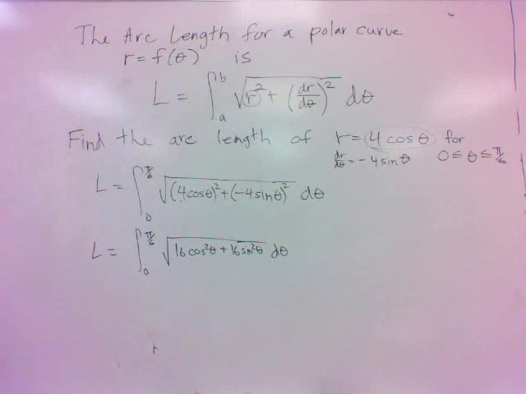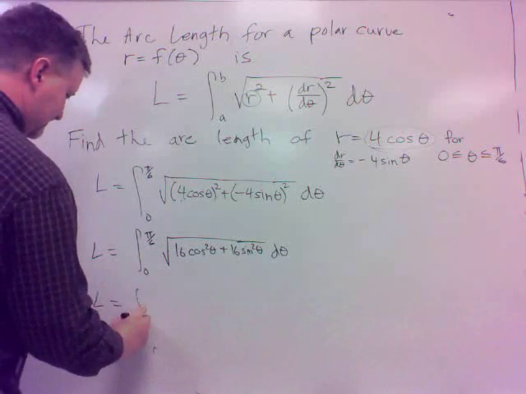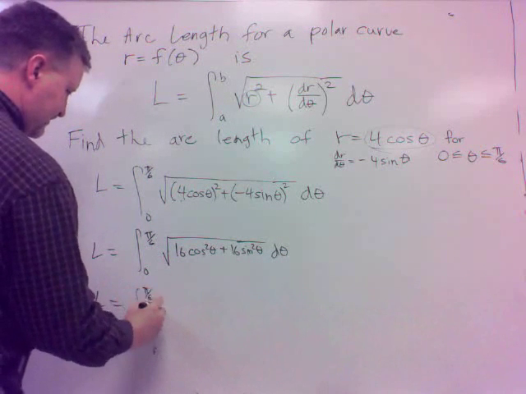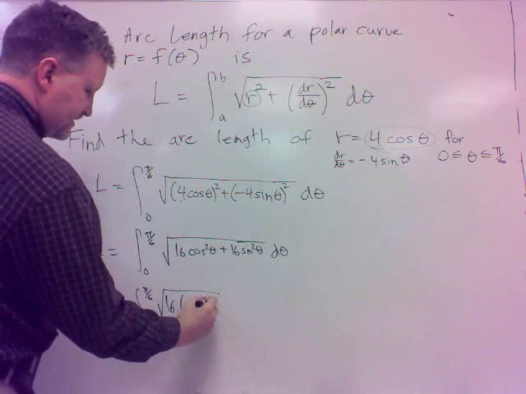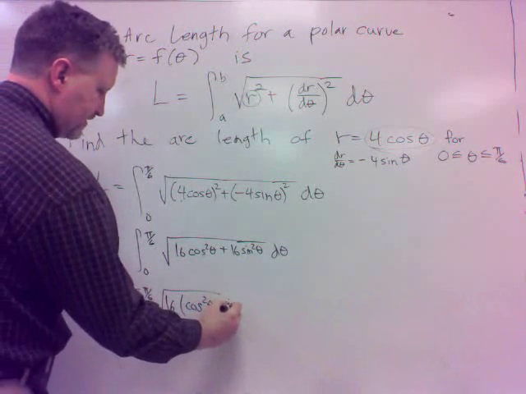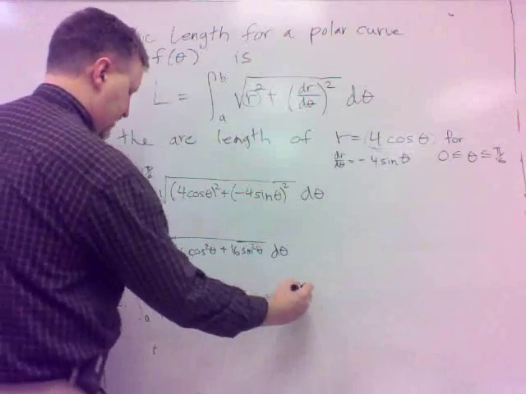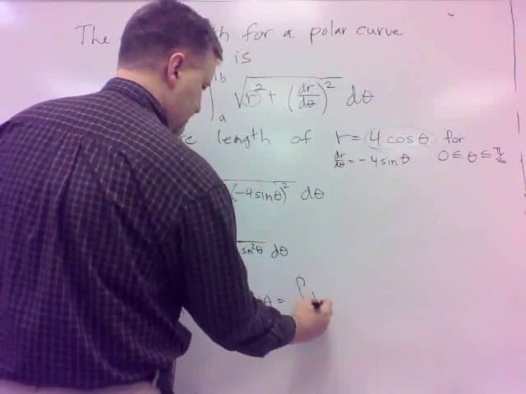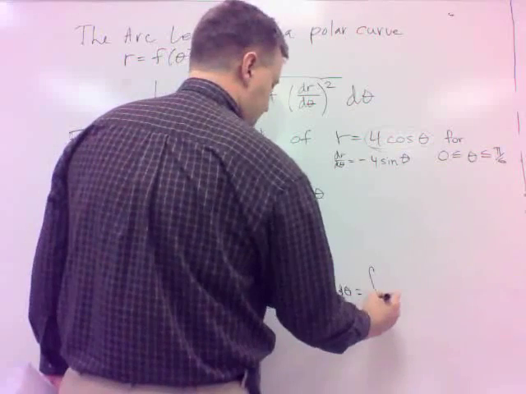And so this one turns out very nice. Because if I factor off 16, what happens? Yeah, that'll just be 1 times 16, won't it? Factor off the 16, we've got cosine squared plus sine squared, which is just 1, so we've got the square root of 16 d theta, which is just 4 d theta.